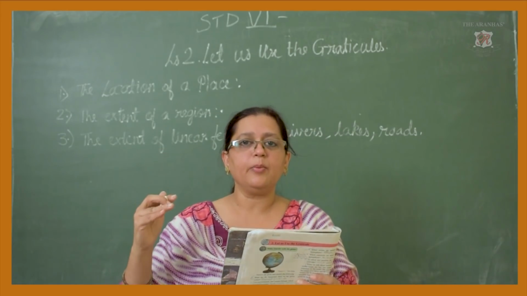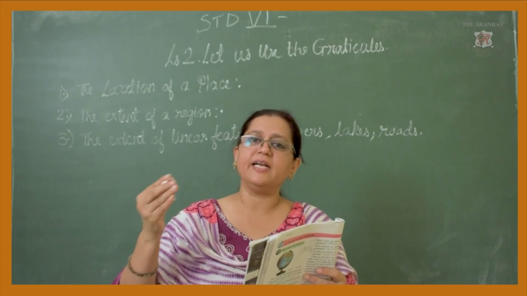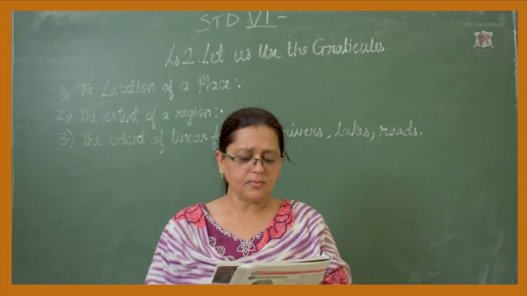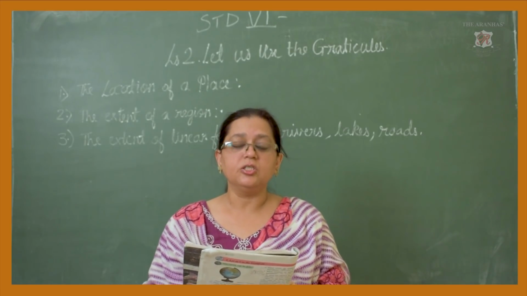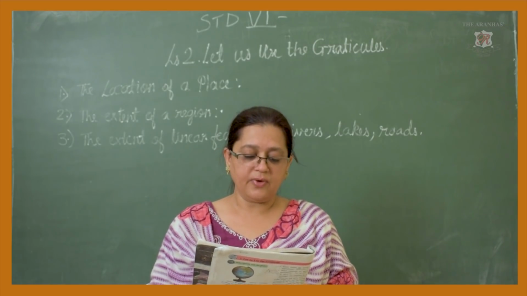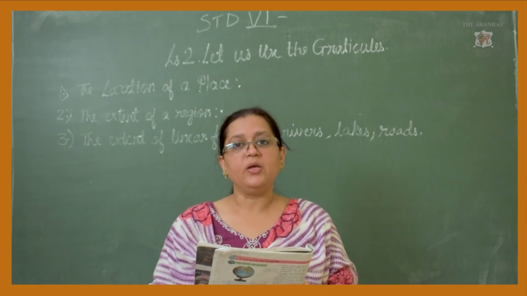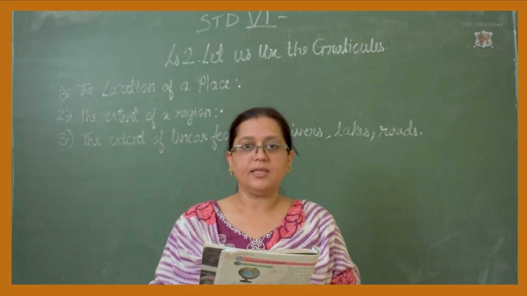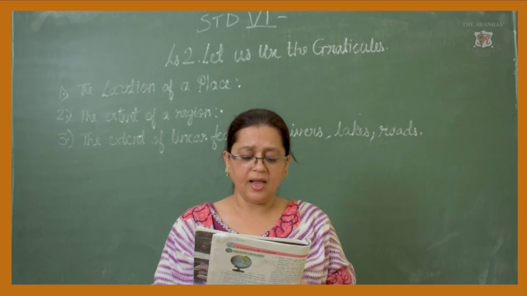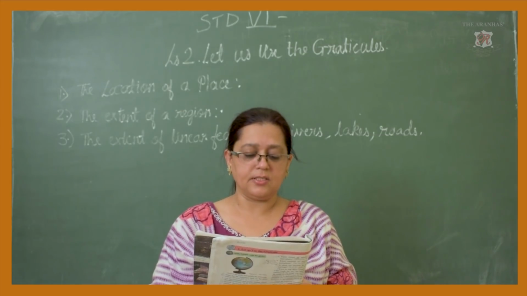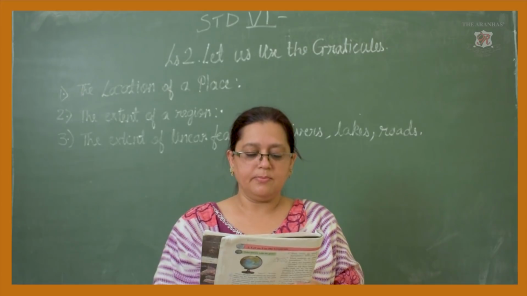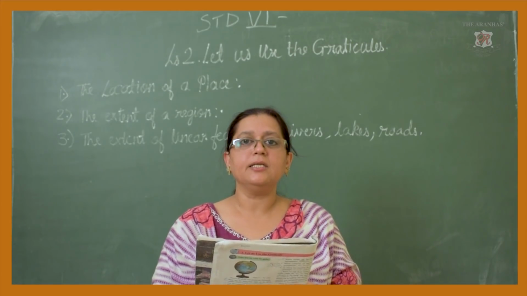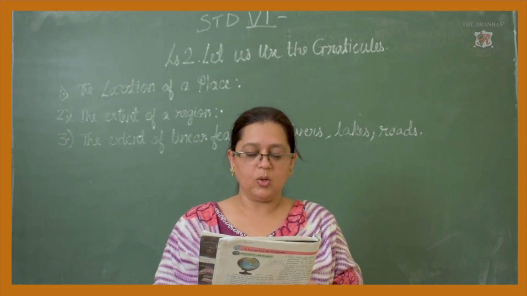This is the terminal point, where it ends. Now, the location of Lake Victoria is 0 degrees 45 minutes 21 seconds south latitude and 33 degrees 26 minutes 18 seconds east longitude.